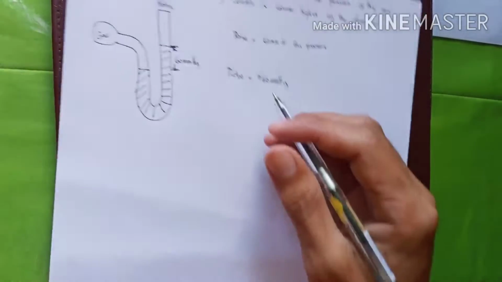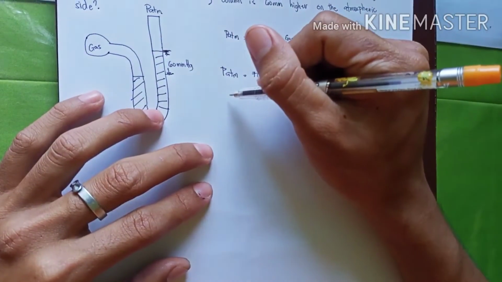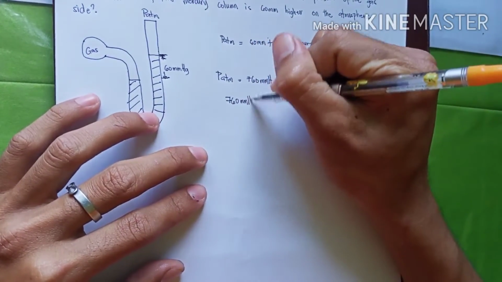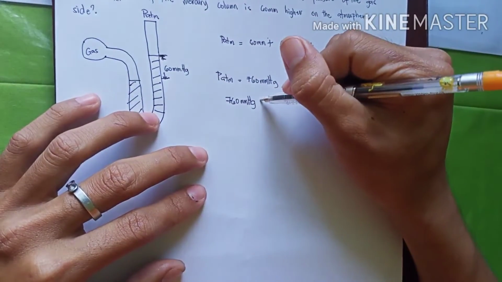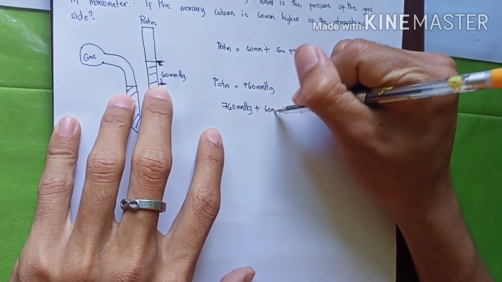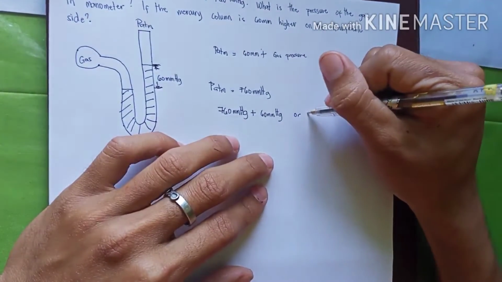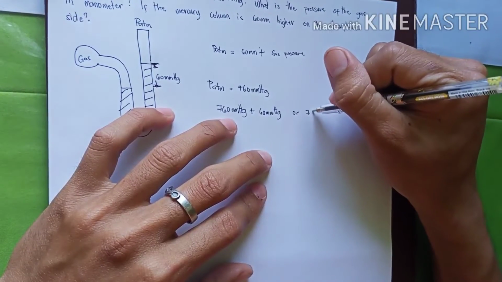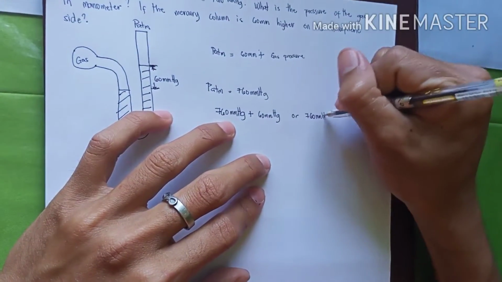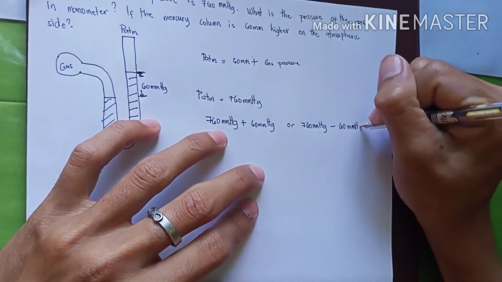So possibly the answer is either 760 millimeter of mercury plus the height difference, which is 60 millimeter of mercury, or the atmospheric pressure 760 millimeter minus 60 millimeter of mercury.